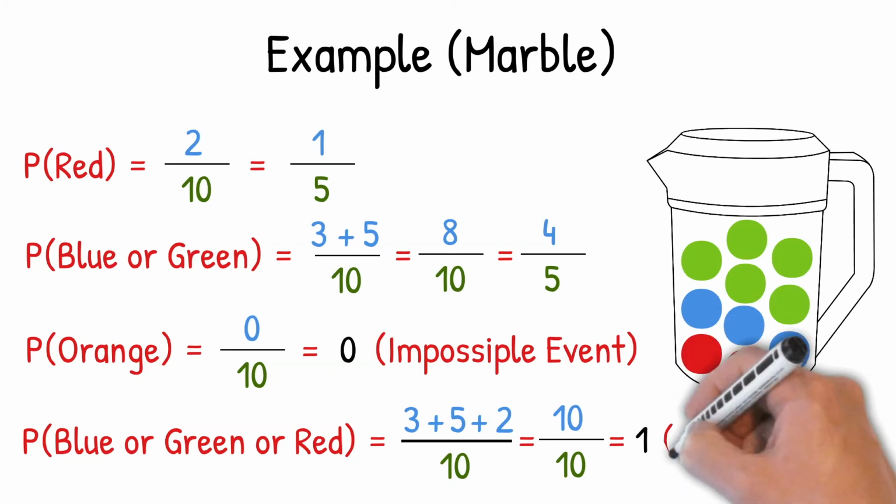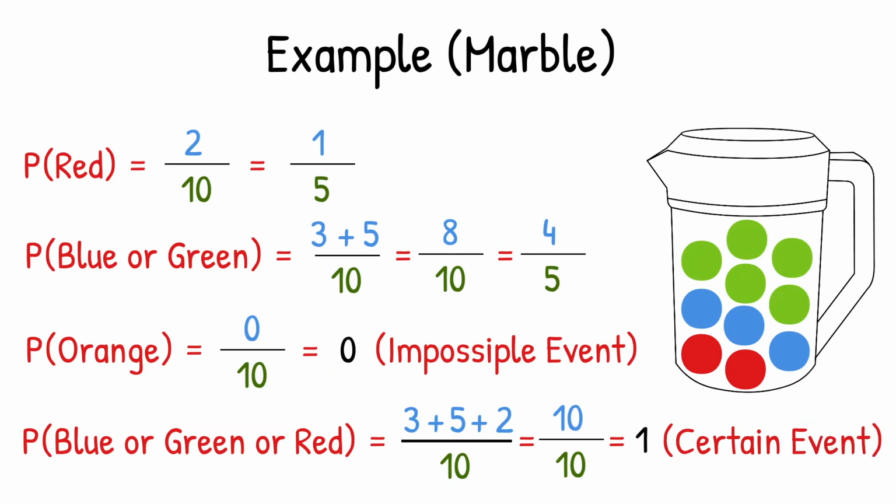This is called a certain event. A certain event is an event that is sure to happen.